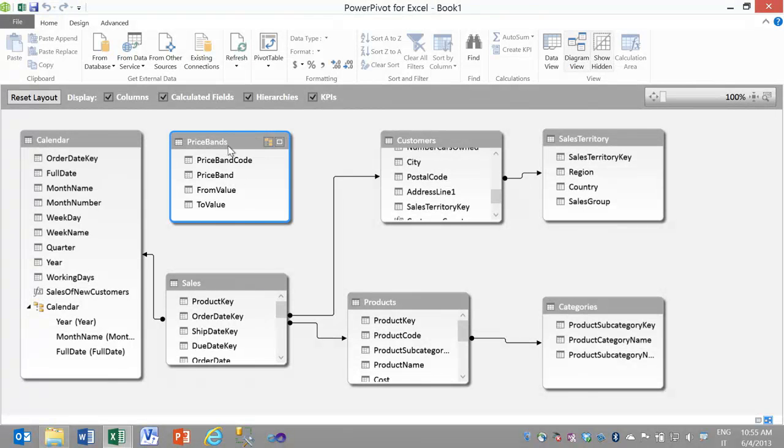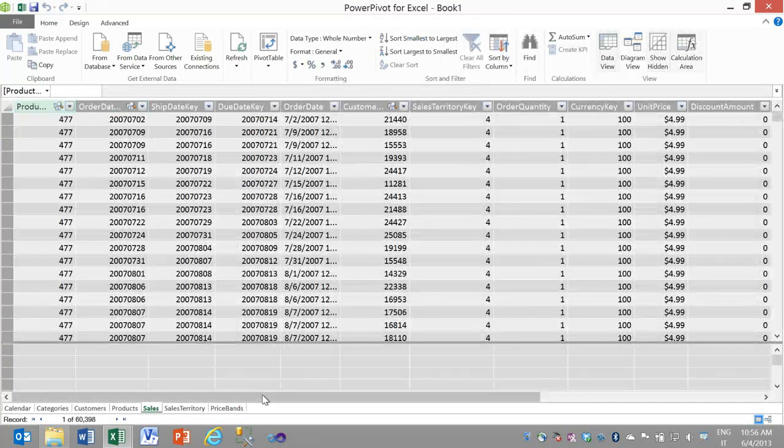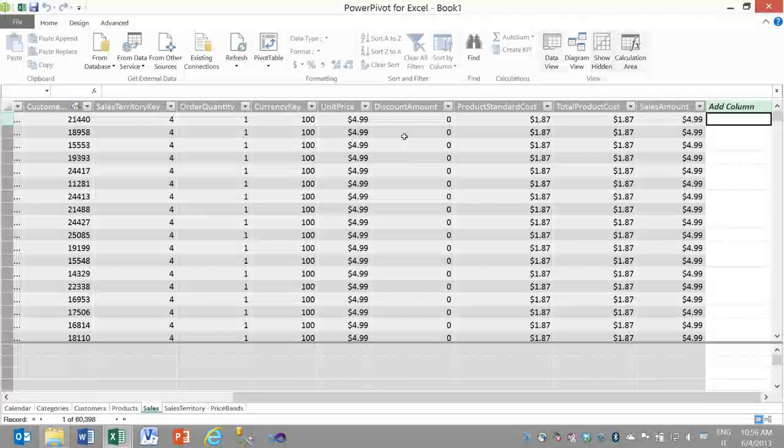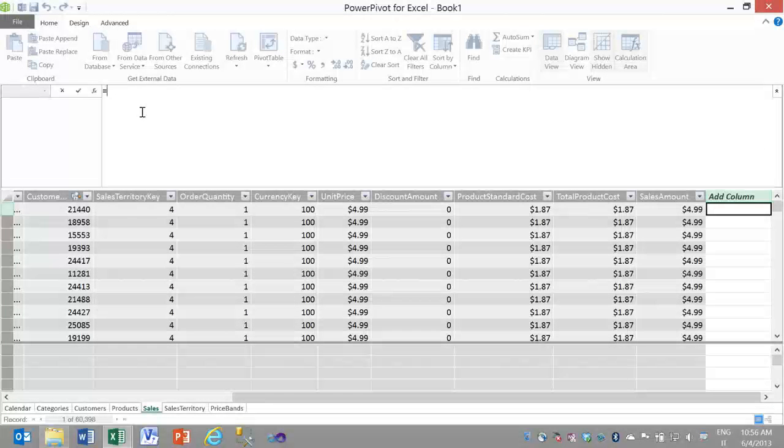Again, DAX is going to help us. We go to the sales table, go to data view, and we use a calculated column. A calculated column is a column which is computed during process time, and inside this calculated column, we will mimic in some way the relationship between the price band and the sales table.